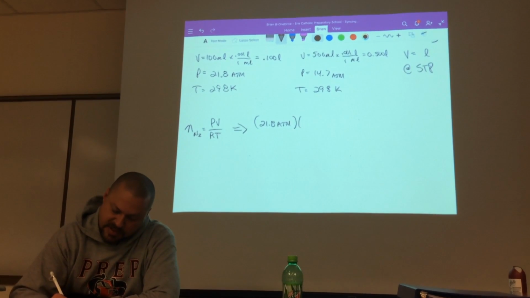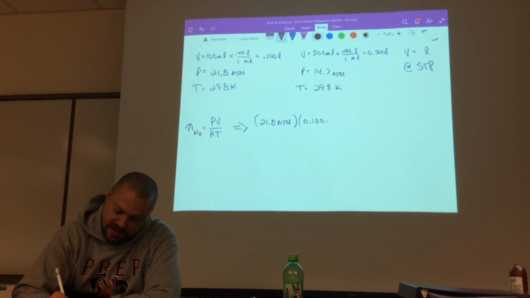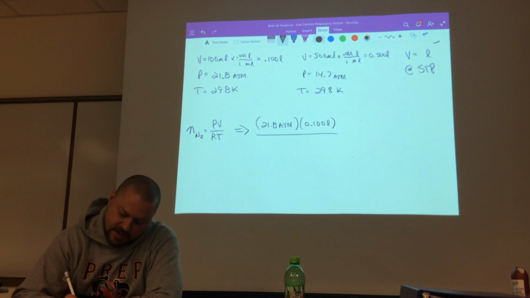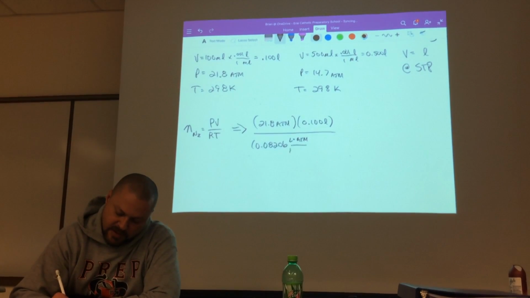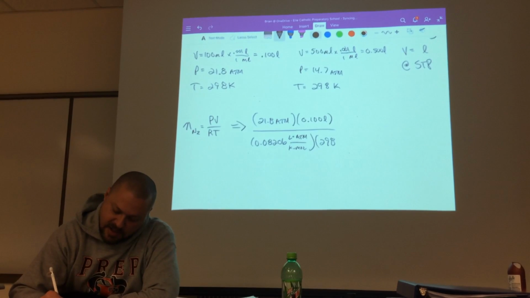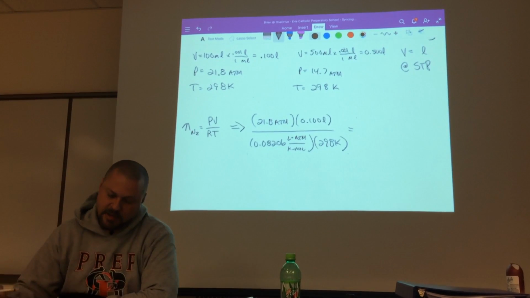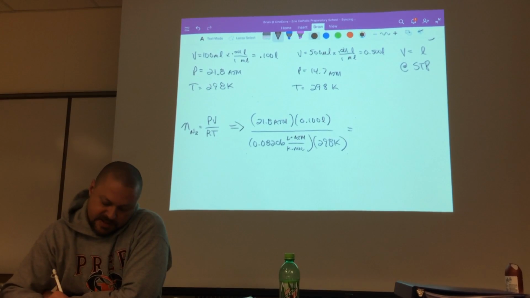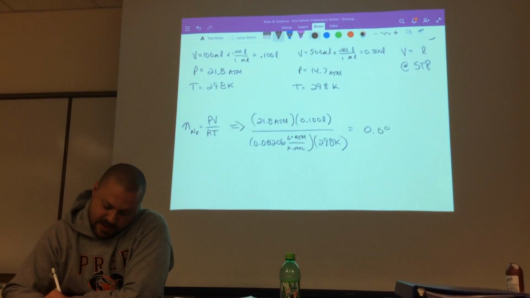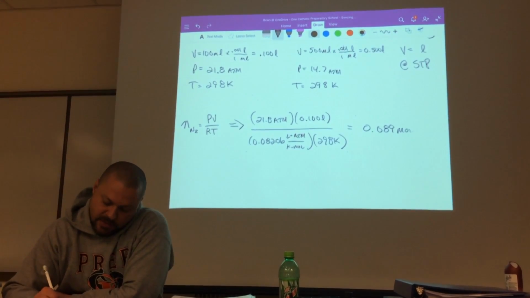Volume is 0.100 liters. R is 0.08206 liter atmosphere over Kelvin mole times 298 K. If I do all that, I get 0.089 moles of N2.